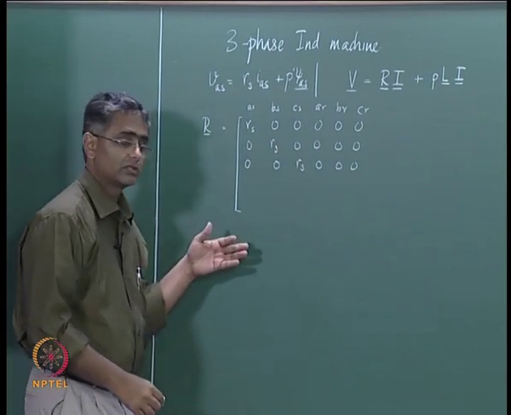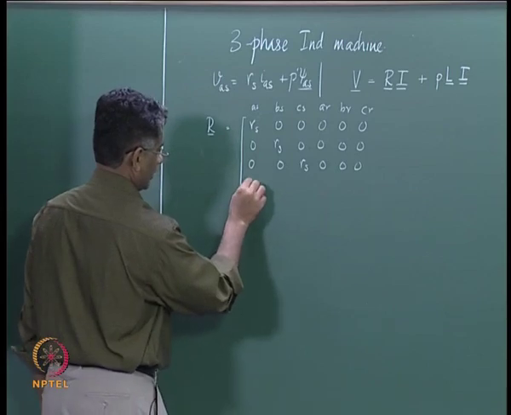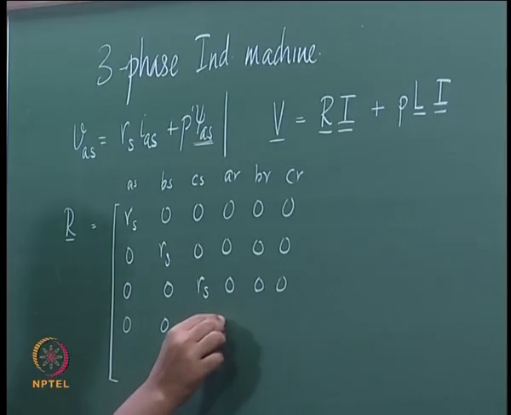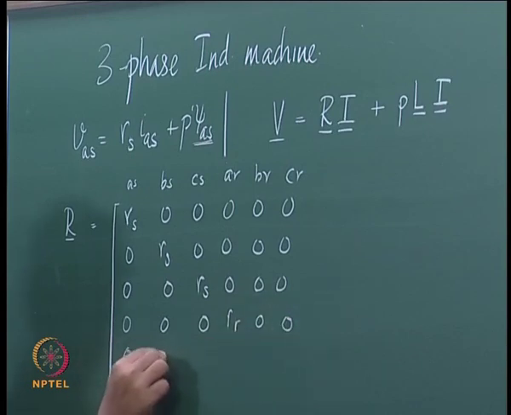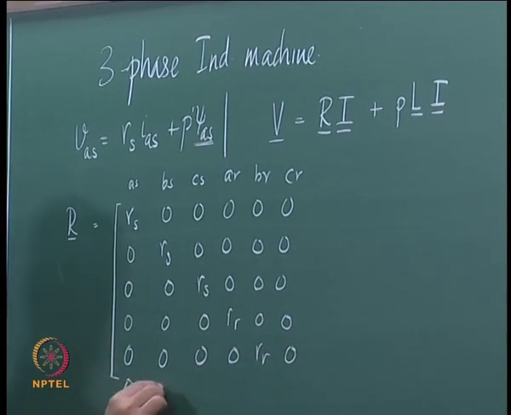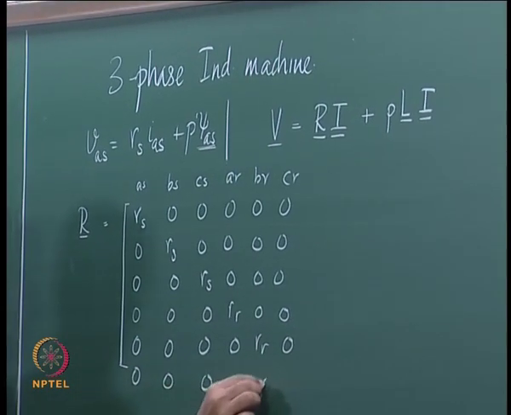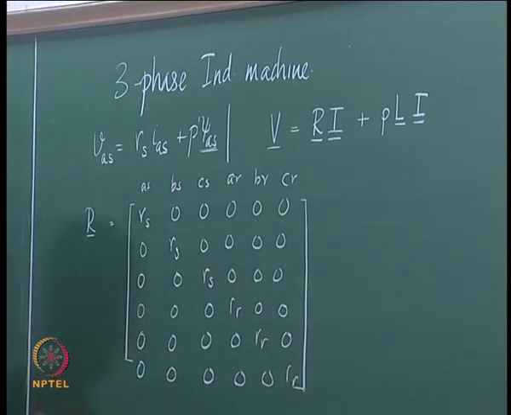The next 3 rows correspond to the resistance of the rotor, the equations of the rotor, and therefore they would be RR and 0, and again 0 0 0 RR 0 RR. So this would be the resistance matrix.